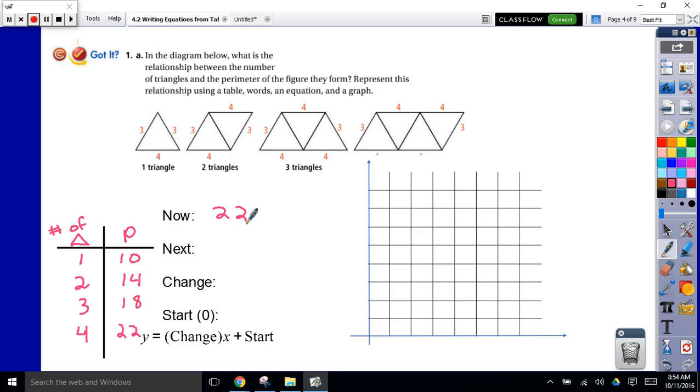If we were to keep going, we're going to have a perimeter of 26 because it's changing by +4 every time. If we could go backwards and we could have 0 triangles, we would have a perimeter of 6. Even though that's not possible, that shows us where our graph is going to start. So our start value is 6. So we have y equals 4x plus 6.